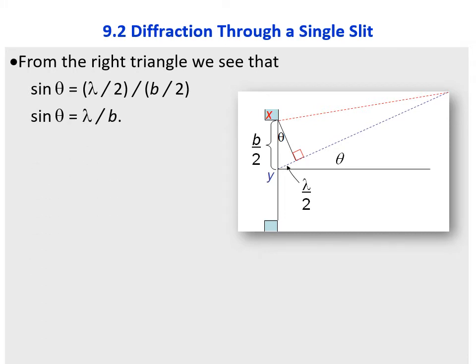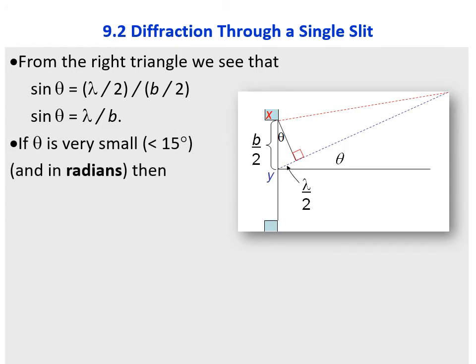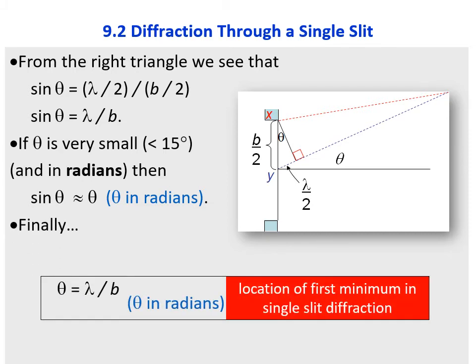Sine theta is equal to lambda over b, and using the small angle approximation, theta is very, very small, less than 50 degrees or even smaller than that. Then we have sine theta is approximately equal to theta. Make sure your theta is in radians, however. So finally, this is how we have our single slit equation for the location of the first minimum. Theta is in radians, and that's equal to lambda, the wavelength of the coherent light, over b, the width of the slit.